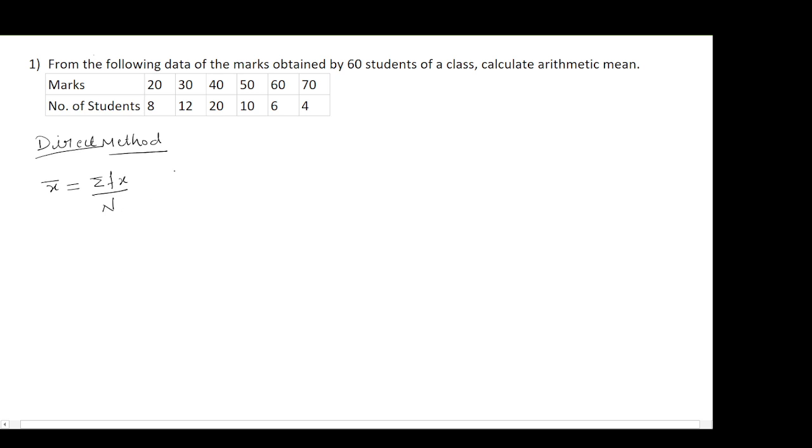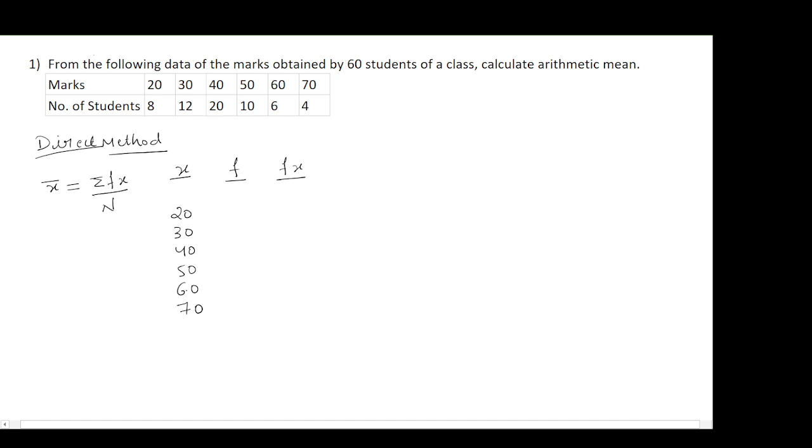Now let us prepare a chart for calculating this using direct method. We need x values, f values as well as fx value, because in the formula we have f into x. X values, I have told what x value you have to take? Marks. So 20, 30, 40, 50, 60 and 70.